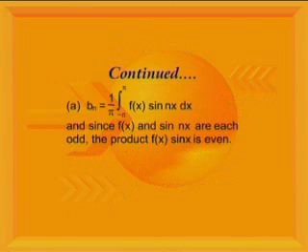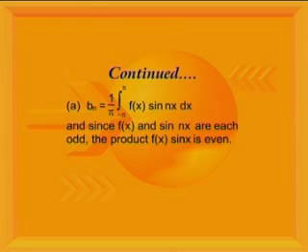And b_n is equal to 1 over pi into the integral of f(x) sin nx with respect to x from minus pi to pi. Both f(x) and sine are odd functions, so the resultant function is even.